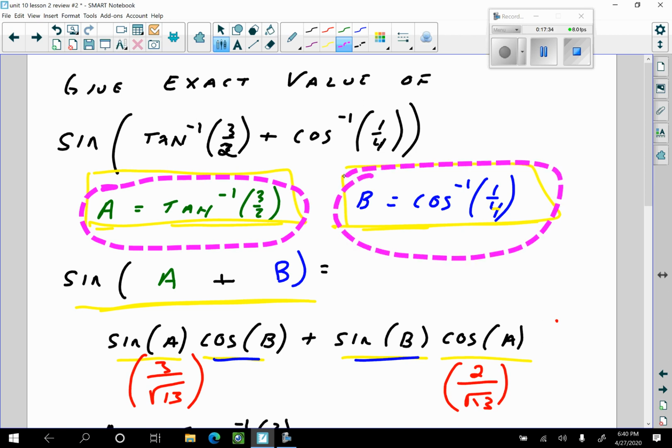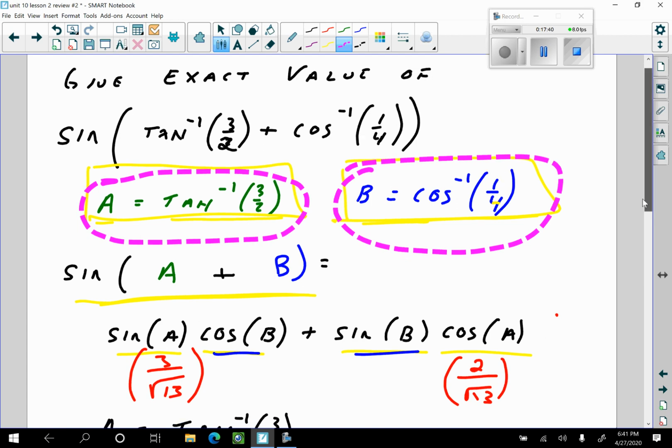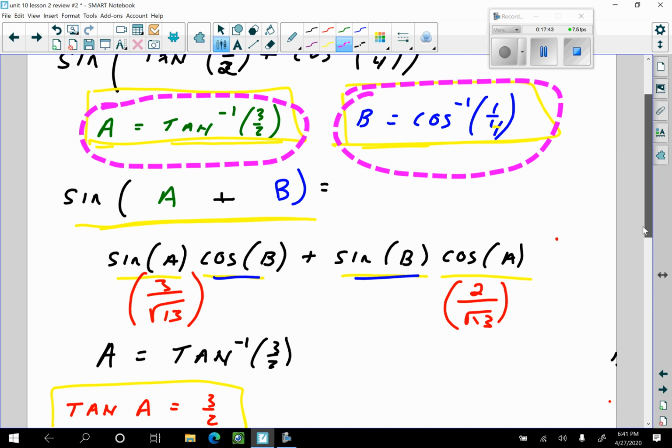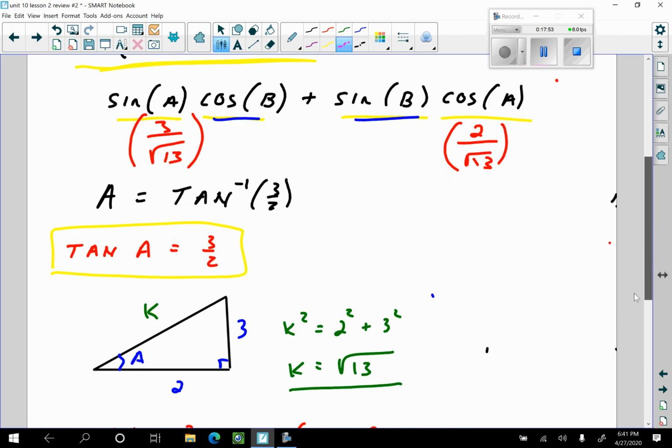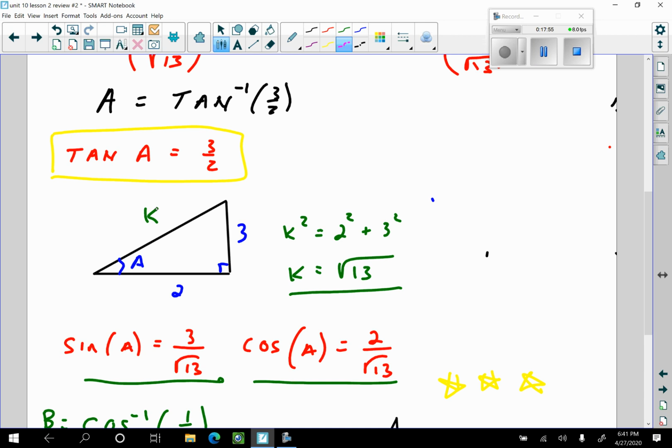Inverse cosine of 1/4 is an angle. And then what's really super important for next year is that you can take these values right here and sketch a right triangle to come up with the other trigonometric values. This is tremendously important right here.